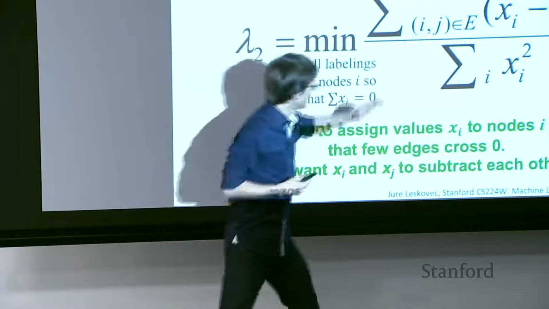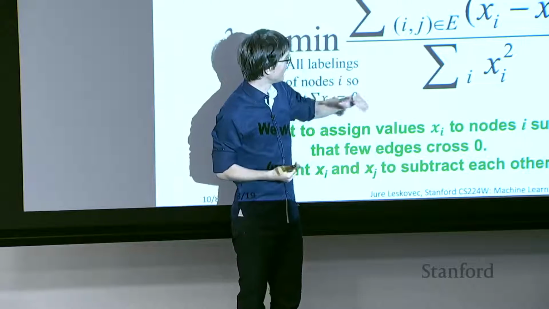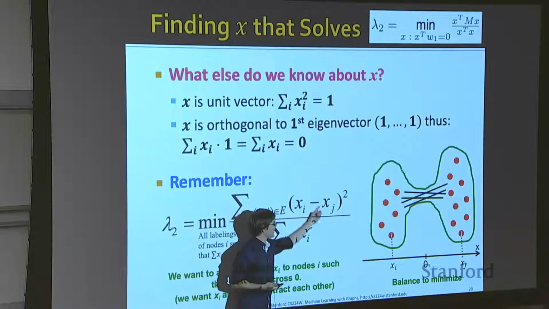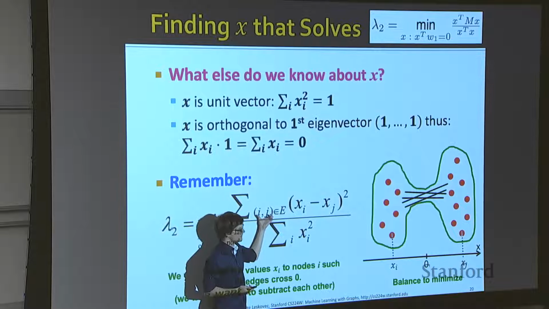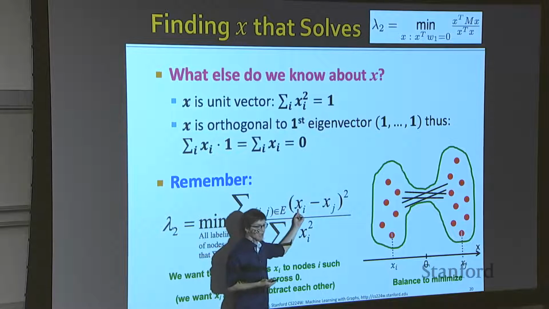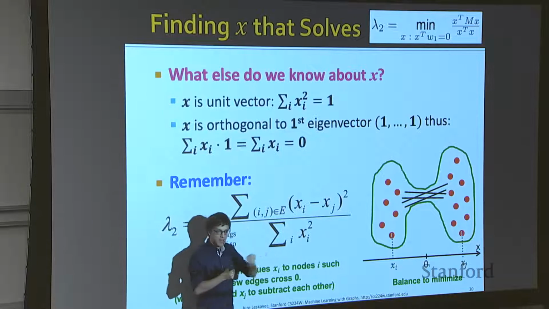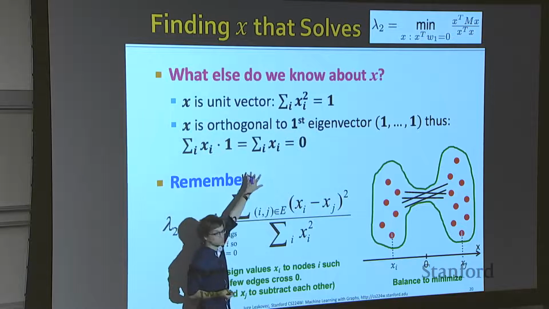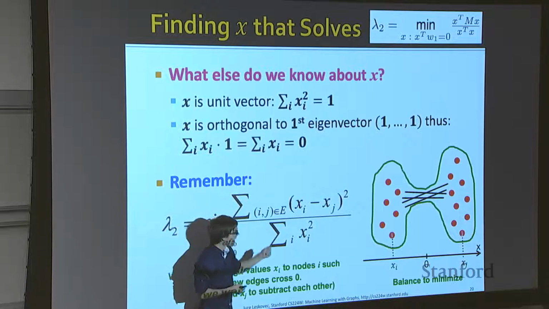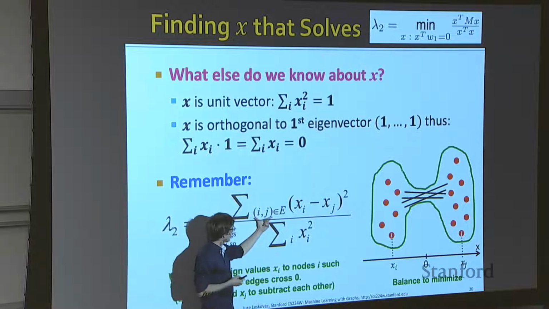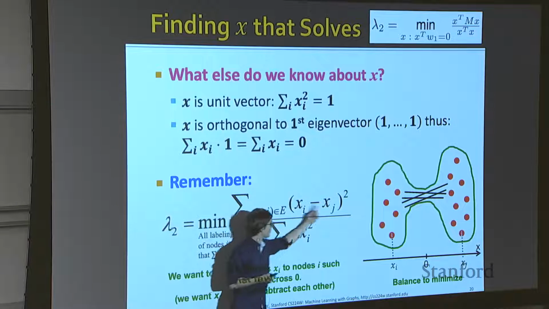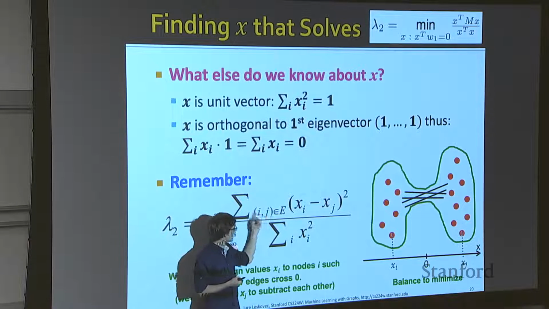Yeah? So what you should see, and let me know if you don't, is that this optimization sum is essentially saying I will assign a value to every node. I have to assign values to the nodes such that the sum of all values is 0. And I'm computing these differences across all the edges.